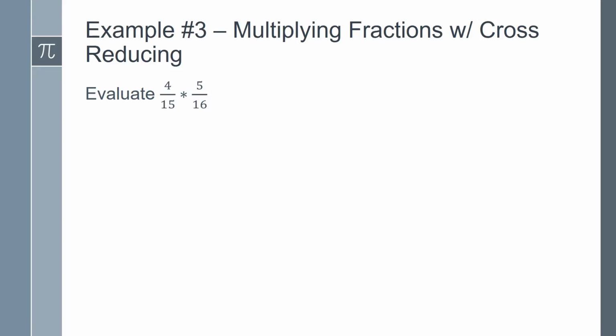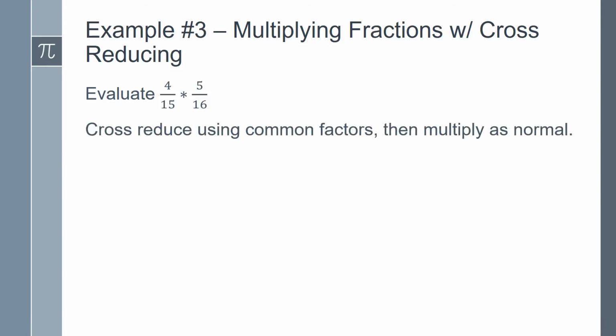For example number 3, we will need to evaluate 4/15 times 5/16. We'll first cross-reduce using the common factors, and then we will multiply as normal. If we look at 4/15 times 5/16, we know that the greatest common factor of 4 and 16 is 4. So we know that 4 divided by 4 is 1, and 16 divided by 4 is 4.